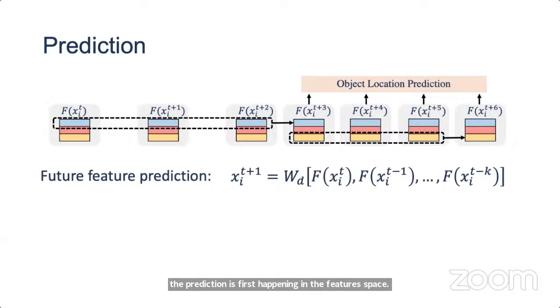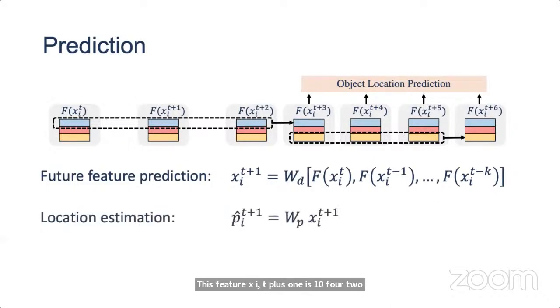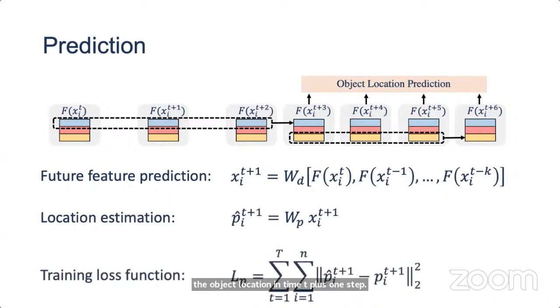This feature x_{t+1} is then forwarded to an FC layer to predict the object location at time step t+1. The loss function is essentially just an L2 distance between the predicted box and the ground truth box. We can apply this procedure recurrently into the future.